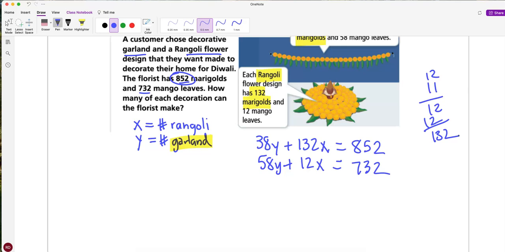So if I multiply the bottom equation by negative 11, then I'm going to get the x values to cancel.